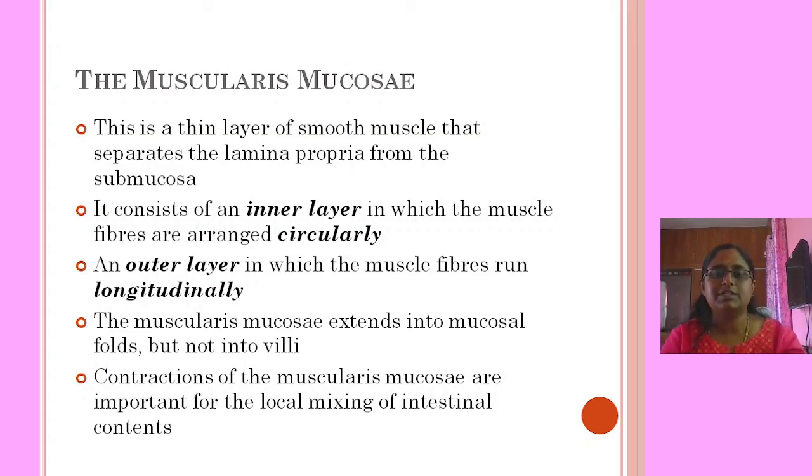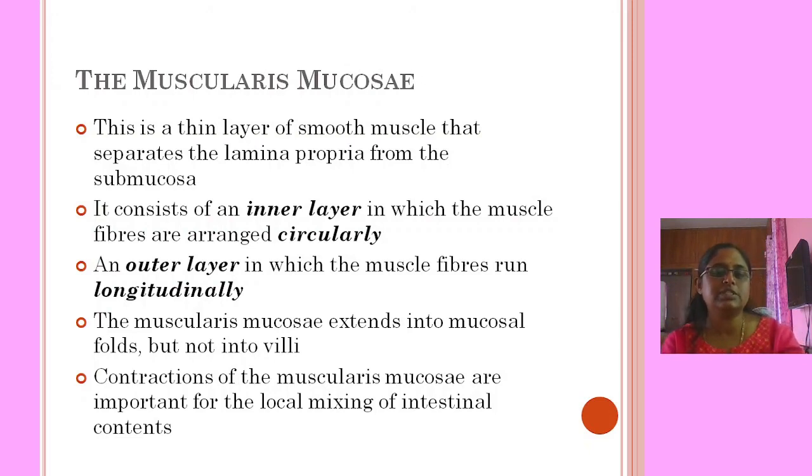Thus, muscularis mucosae consists of two layers of smooth muscle, the inner circular layer and the outer longitudinal layer. The muscularis mucosae extends into mucosal folds, but it doesn't form the villi.